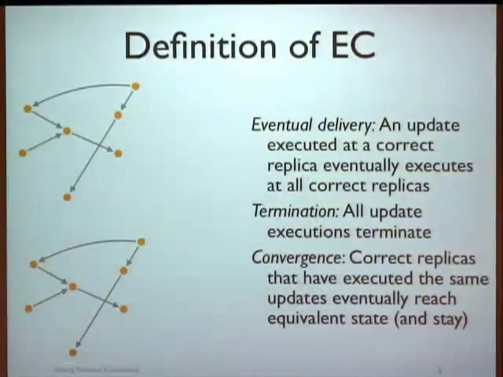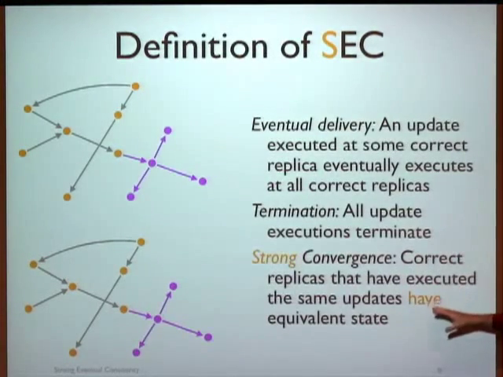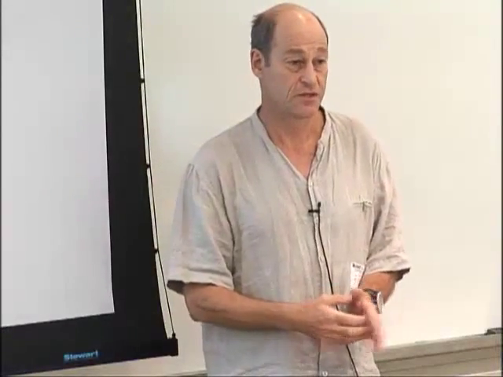So we don't want that. We want something stronger, and that's going to change the convergence clause. So instead of saying eventually they will reach the same state, I will say that as soon as you've received the same updates, you have reached the same state. So there will be no rollbacks. Every update is immediately persistent, durable.